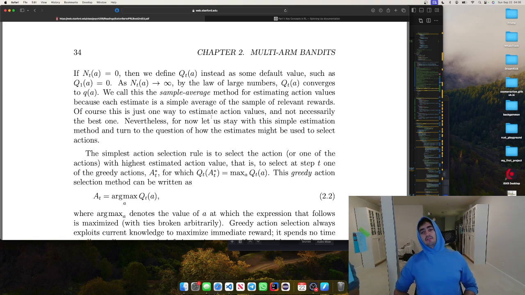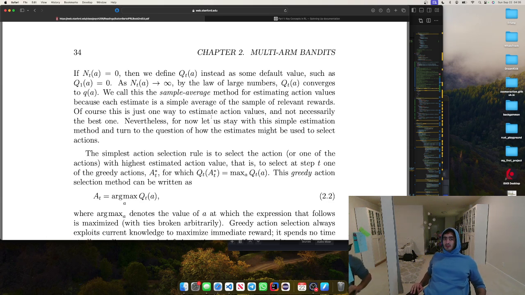By the law of large numbers, Q_t(a) converges to q*(a). We call this the sample average method for estimating action values, because each estimate is a simple average of the sample of relevant rewards.